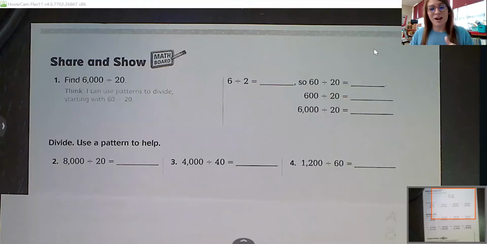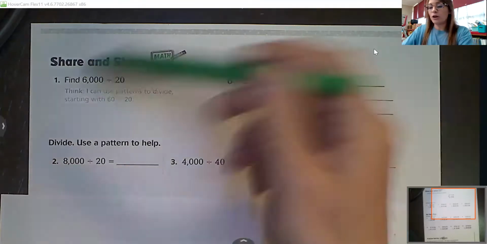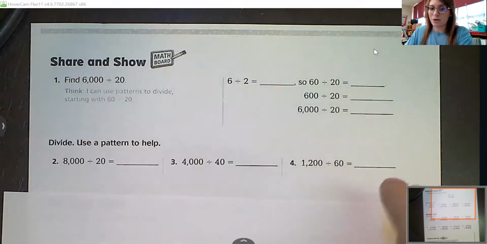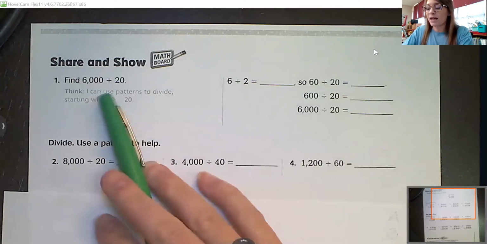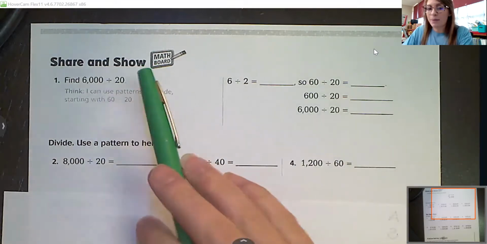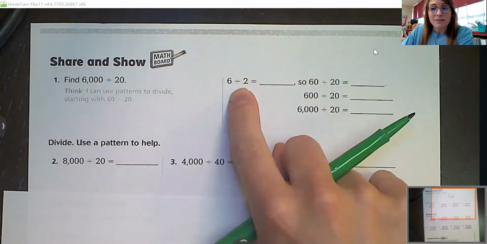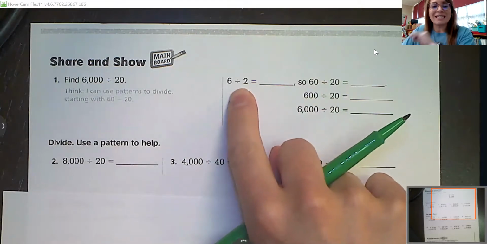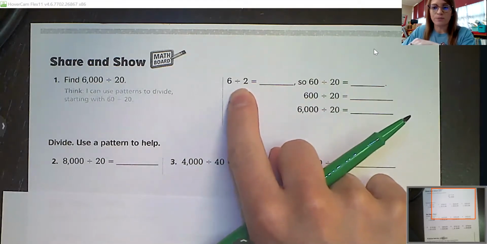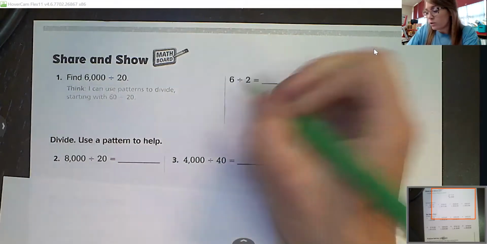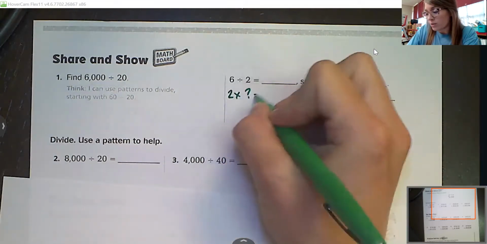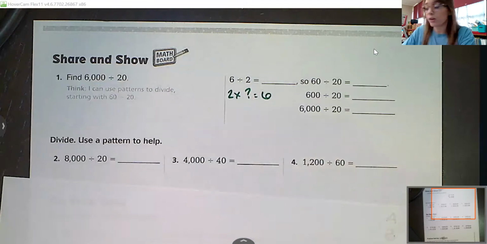So let's dive right in and start with this first problem up here where we're breaking it down slowly. They want us to find 6,000 divided by 20. Let's start here and pull out our basic fact. 6 divided by 2. What is 6 divided by 2? Ask yourself, 2 times what equals 6? 3.